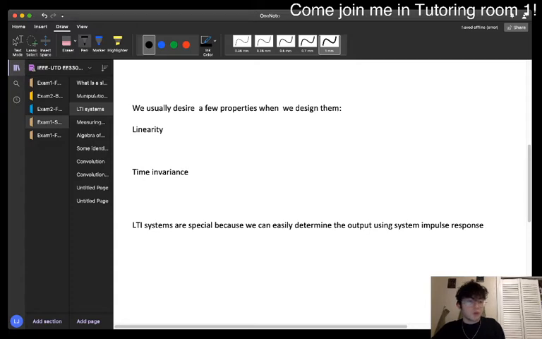So right, we have a few properties. The first one that we should talk about is linearity. I'm going to denote this mapping of one signal to another just as function notation right now. So h is just some function, and we're mapping x of t. If I write this, it just means x of t is getting fed into this block h, and you can look at the output as y.